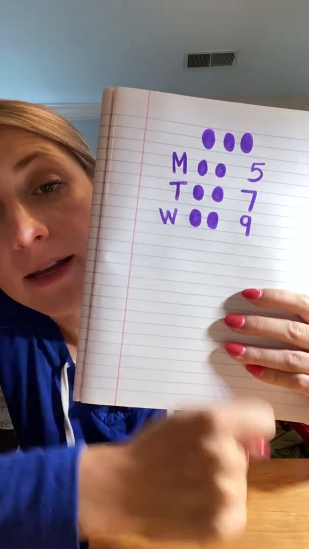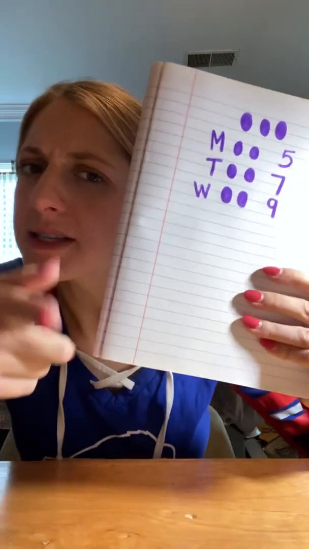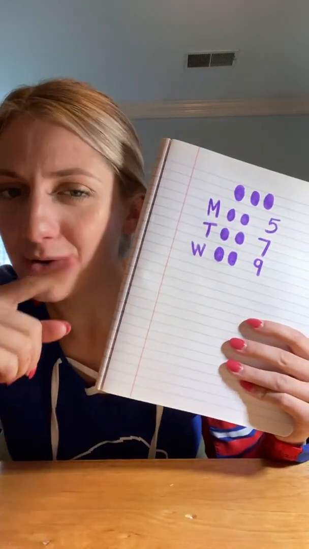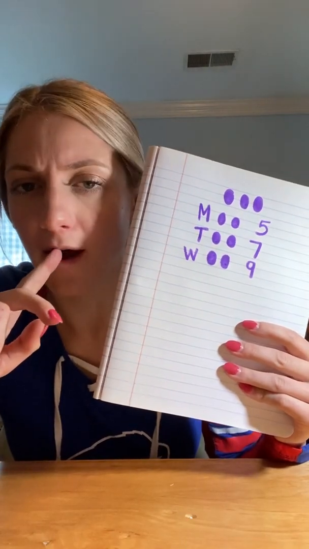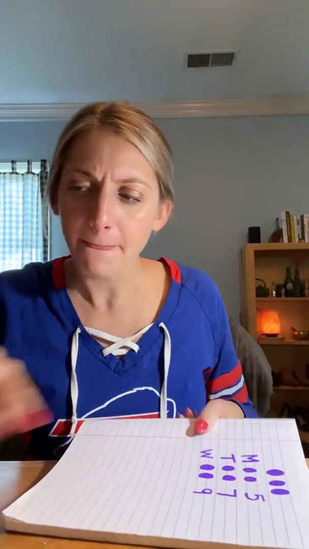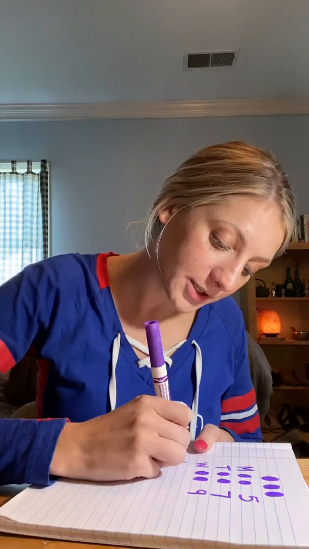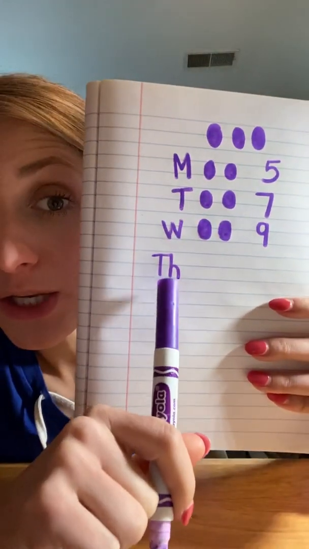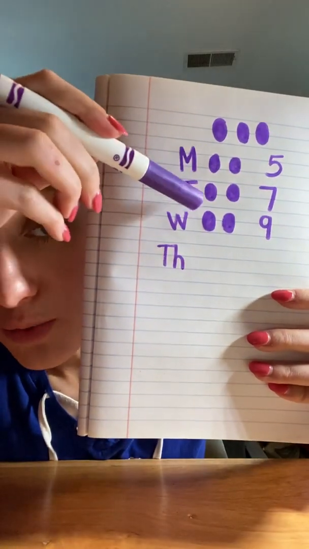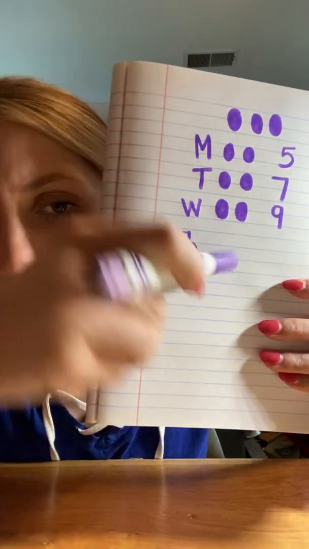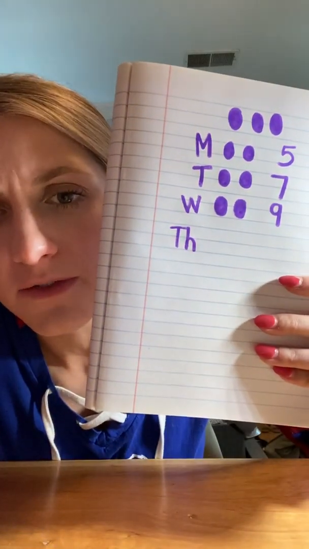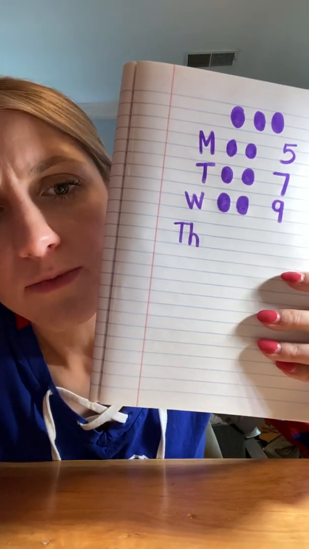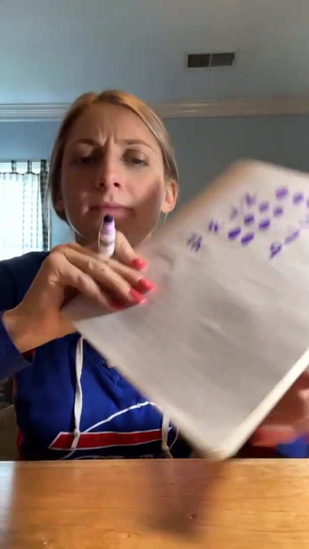7, 8, 9. Now, this isn't even in the problem, but you guys seem really smart, so I bet you can figure it out. If this pattern continued on Thursday, 2 more cans, 2 more cans, 2 more cans, how many cans would they have at the end of Thursday if this pattern continued?